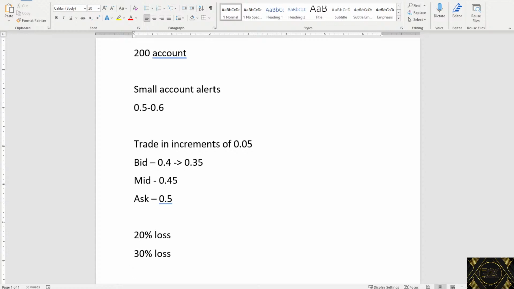So once again, the main thing here is to get your percentage loss if you bought at 0.5. Really the main thing to take away from this is that if you have a smaller account that is less than $500, you're going to need discipline. You're going to need calculated risk. You're going to want to go in those smaller calls.